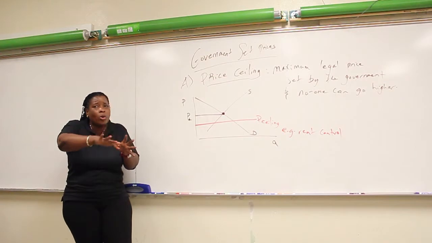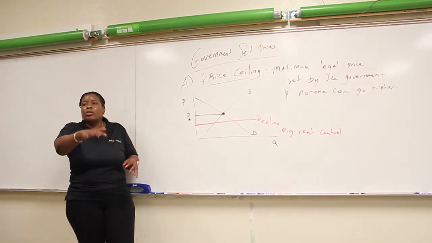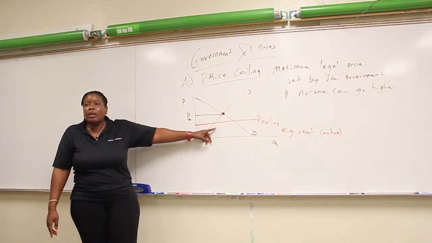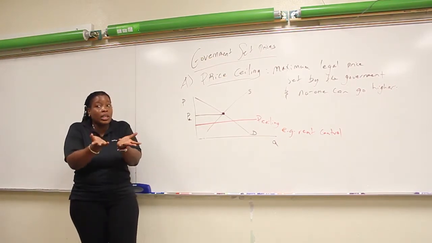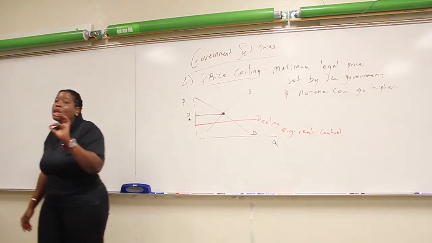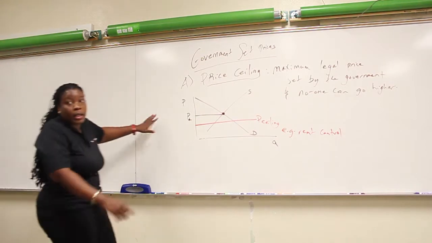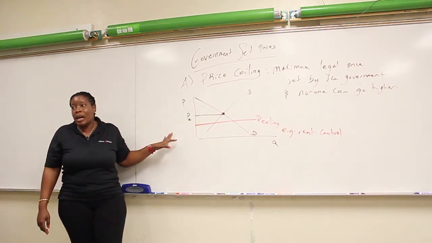So you're making housing affordable, but at what quality? You're making housing affordable, but you effectively cause a shortage. Again, your intention might be very noble, but once you intervene in markets, there are certain costs that you have to bear. So any intervention in the market, you're going to have certain costs to bear.